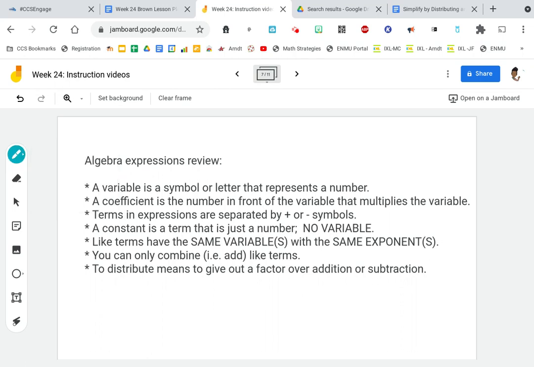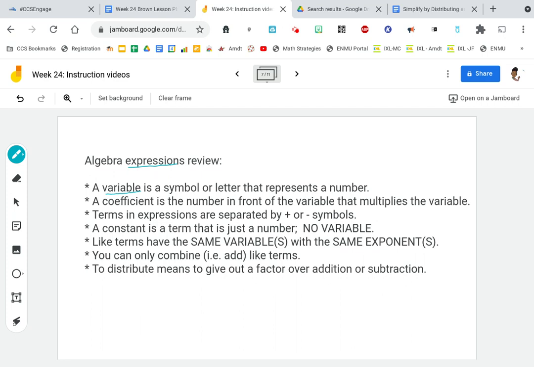I want to start out today's lesson with a quick review of what we have learned about algebraic expressions. So we started out learning that a variable is a symbol or letter that's used to represent a number. And of course, we'll mostly see letters, although symbols are used sometimes in math as well.